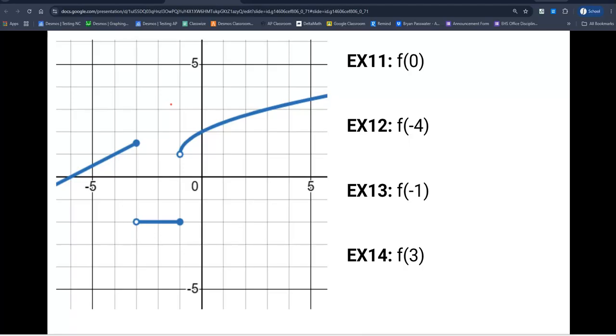I'm cutting them yet. Yeah, that's right.